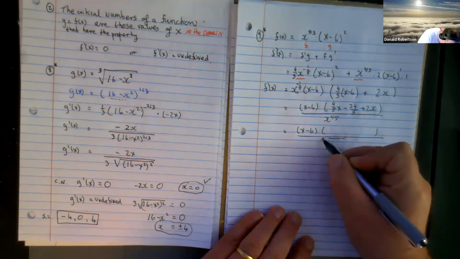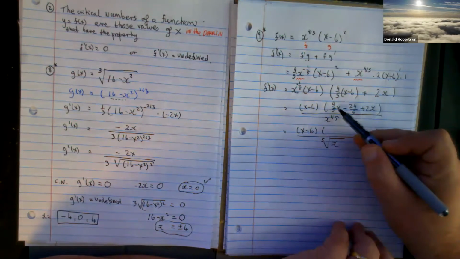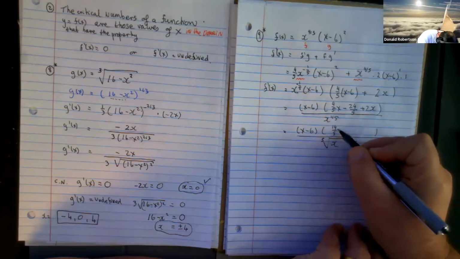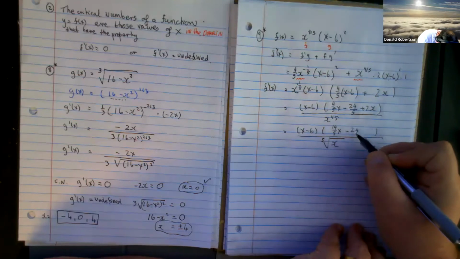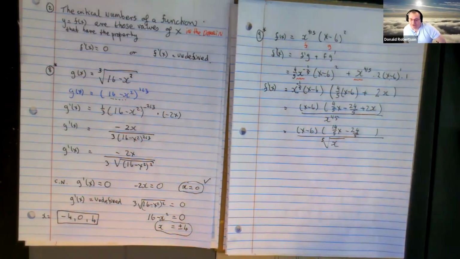And the 1/5 becomes that guy. Okay, that guy and that guy get you 14/5 x, take away 24/5. Their style points has done its job.